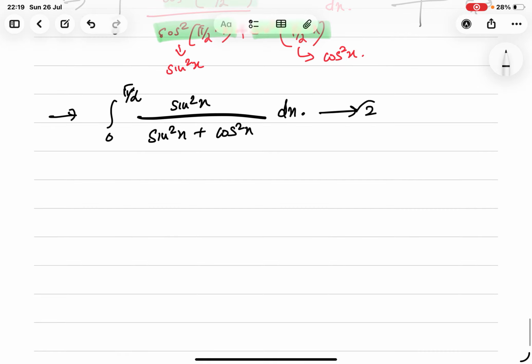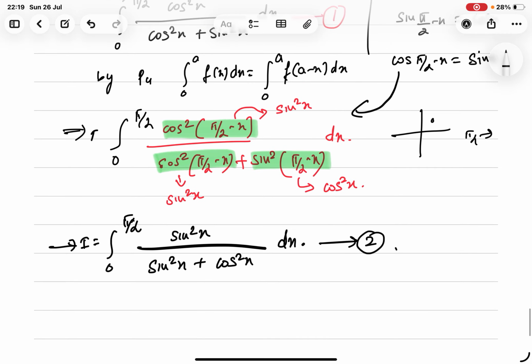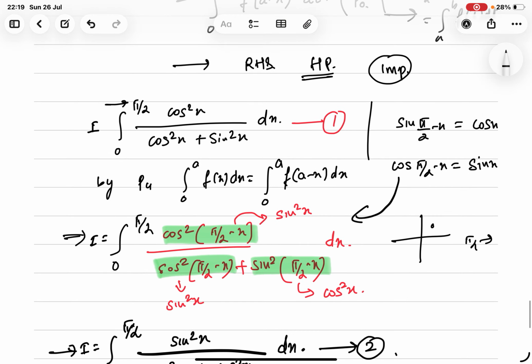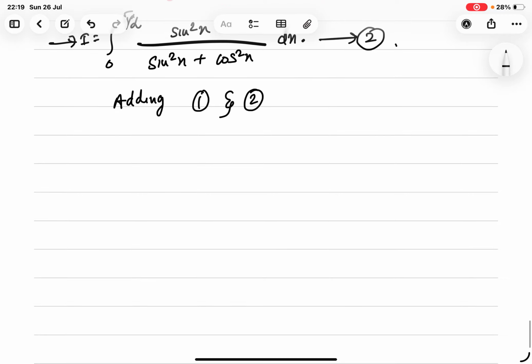And now you can consider it as equation 2. I is equal to this. Now adding 1 and 2, the left hand side is I plus I, equal to integral from 0 to pi/2.